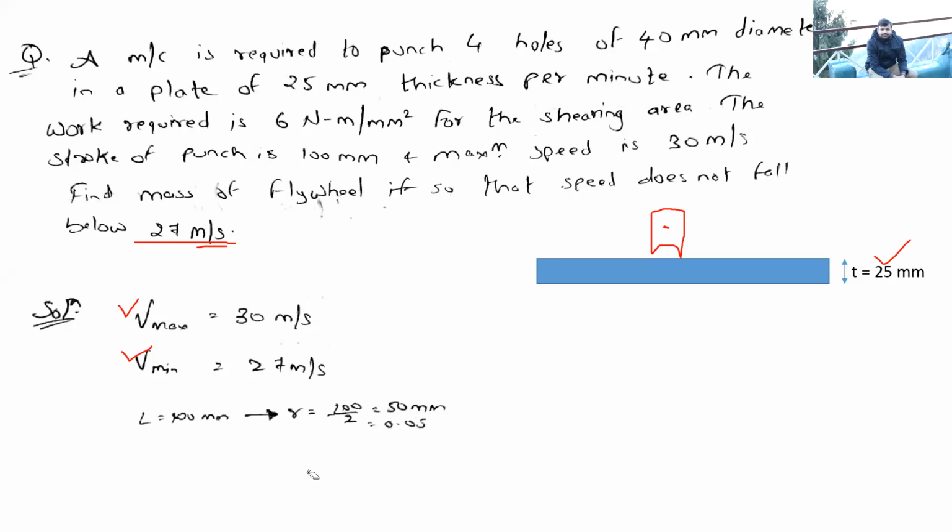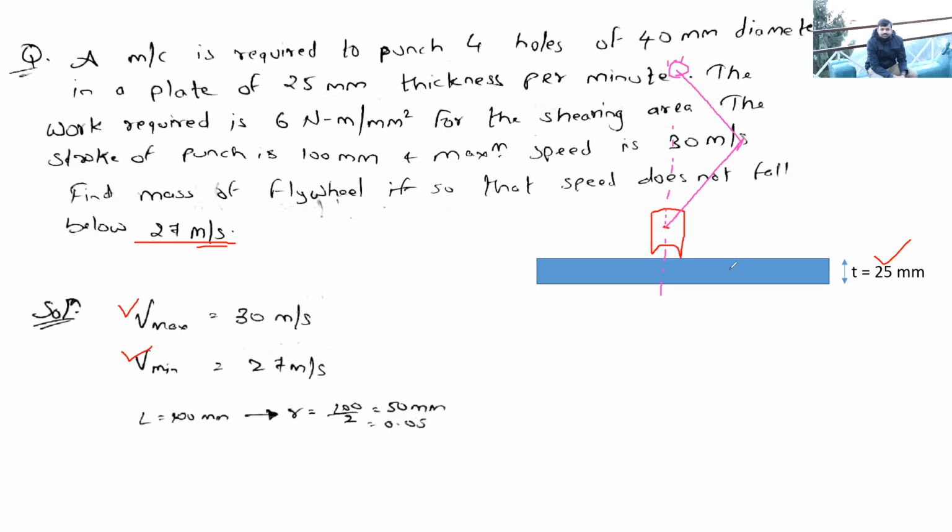The punch will come something like this, and it will shear off the material, right? So this would be the position of the punch, and here the punch would be moving in this direction. The arrangement is given to us, right? Here it is fixed, and this punch is moving like this.